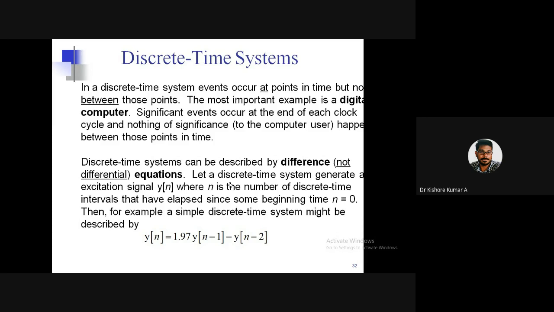Let a discrete time system generate an excitation signal y of n. You understand n is the number of discrete time intervals that have elapsed since some beginning time n equal to 0.